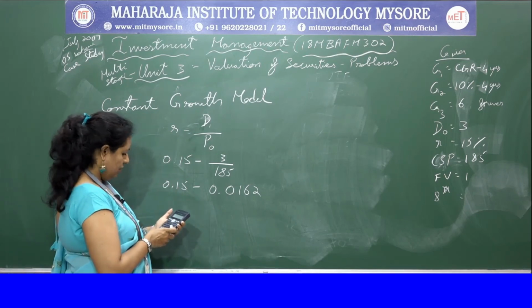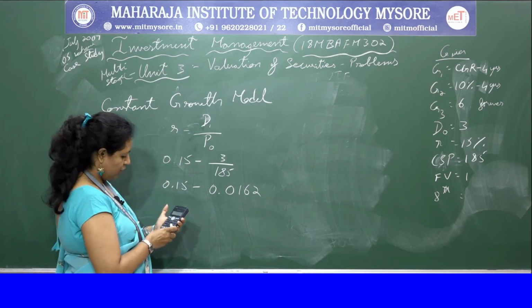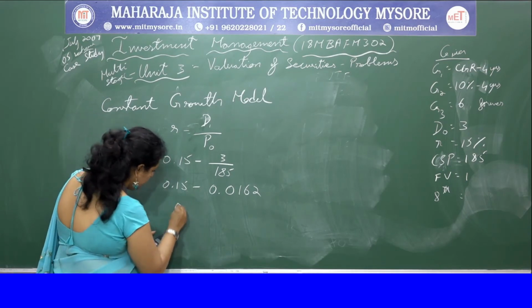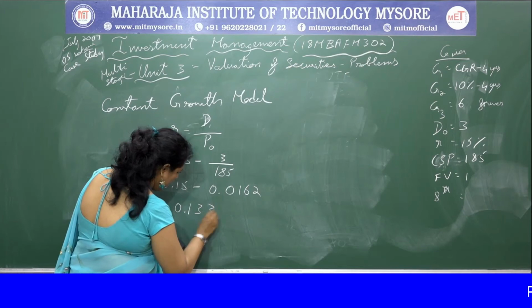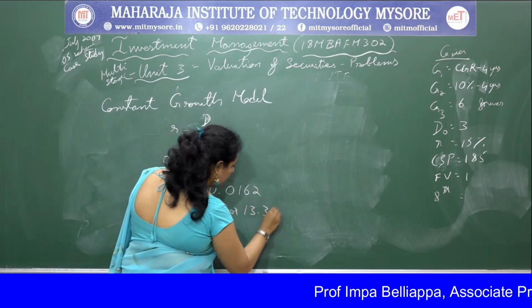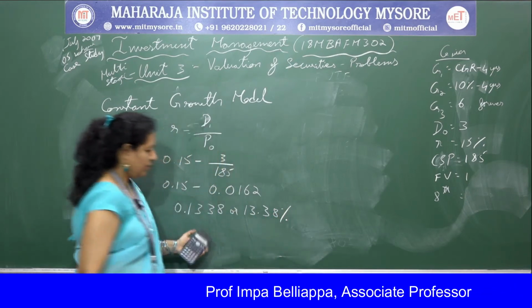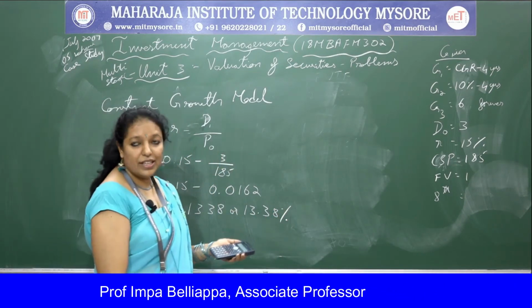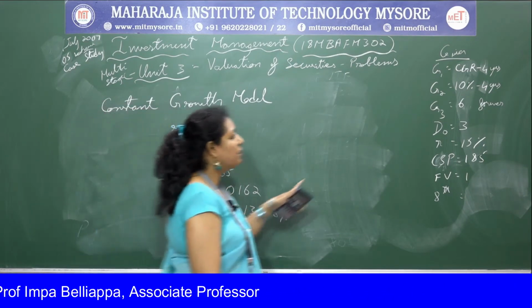So 0.15 minus 0.0162, you get 0.1338, or 13.38%. So according to the constant growth model, it is 13.38%.